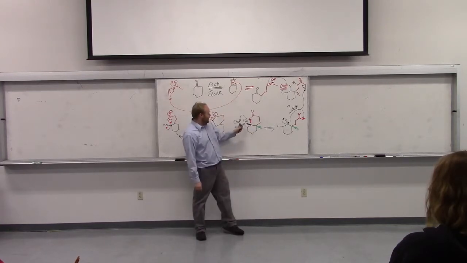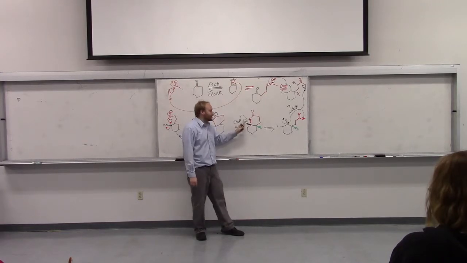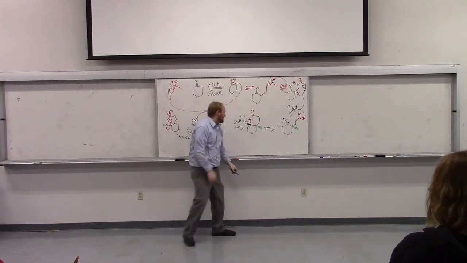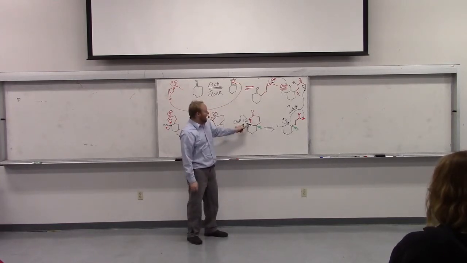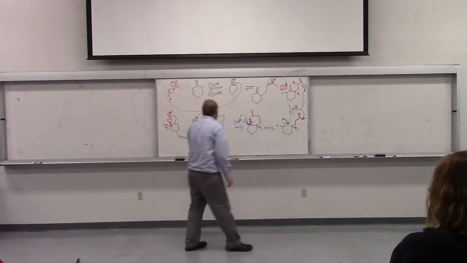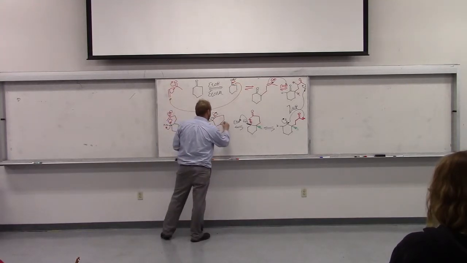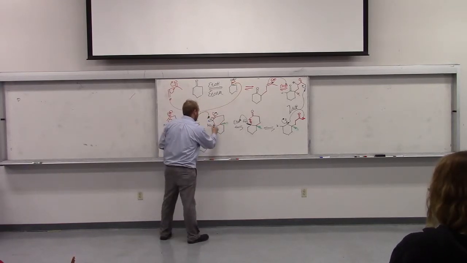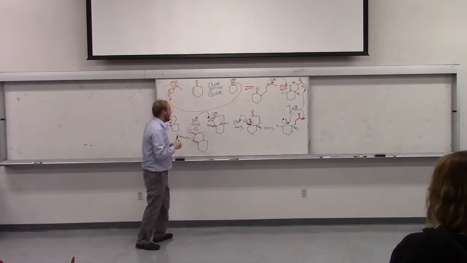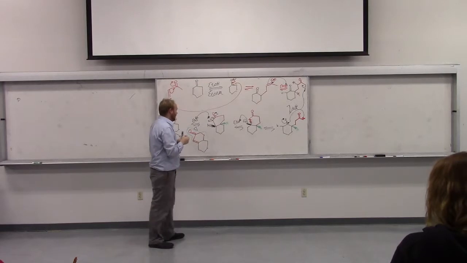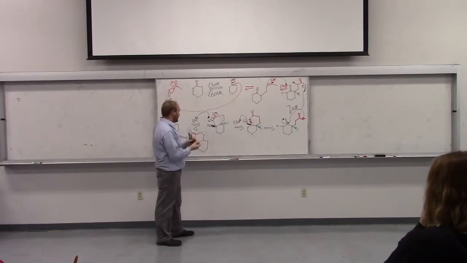Or in other words, the aldol OH is going to be pointing in the opposite direction that the enolate is going. That's probably the better way to put it. This OH is going to be pointing the opposite direction of this. So in the final product, the relative stereochemistry would be the OH and H pointing in the same direction.